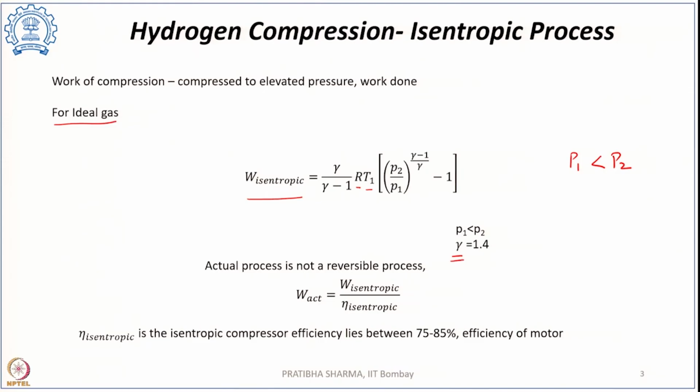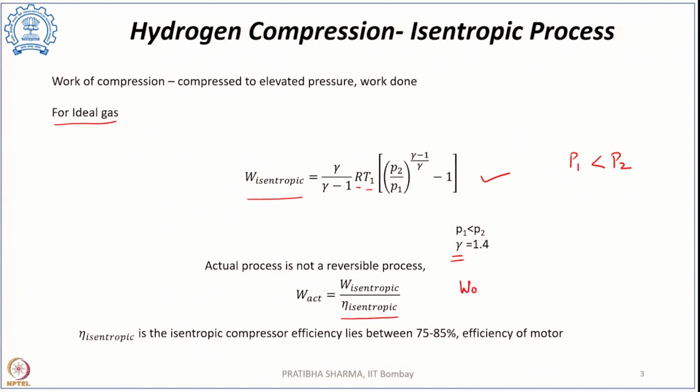Now, this is the isentropic process, which is reversible, but in the actual process there are several irreversibilities involved. To account for those irreversibilities, we can include the isentropic compressor efficiency in the denominator.